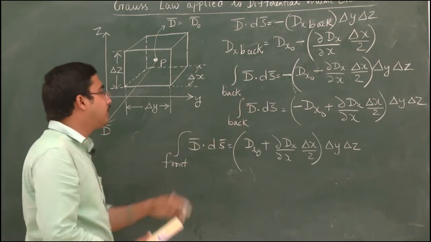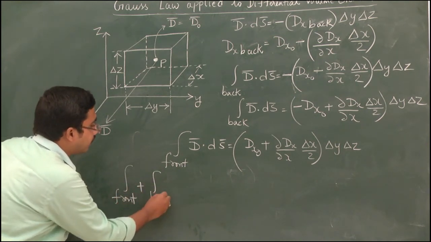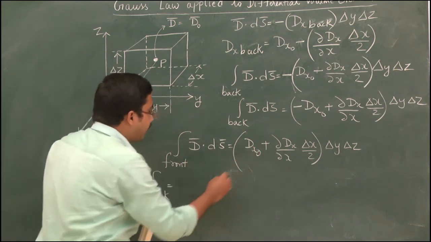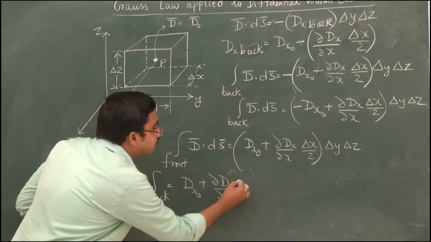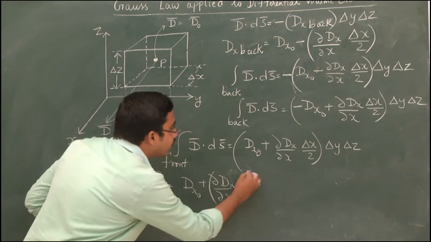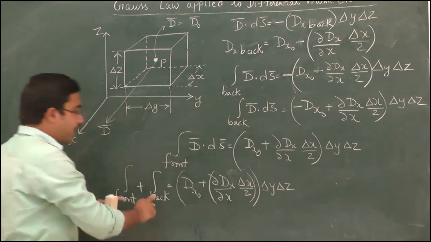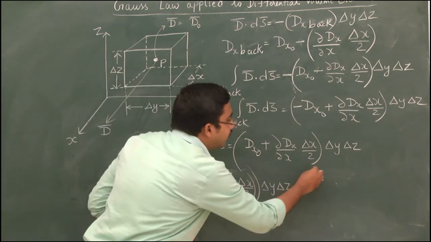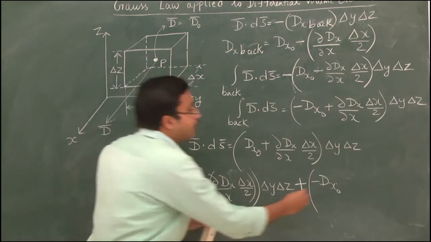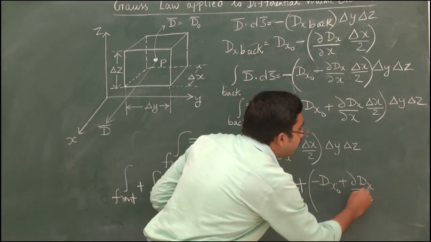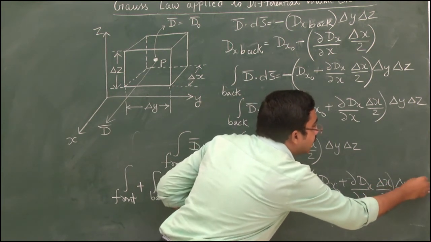Now if I add both of these, that means front integral plus back integral is equal to, what is the front integral value? (Dx0 + ∂Dx/∂x · Δx/2) into Δy Δz, plus the back integral value, which is minus (Dx0 + ∂Dx/∂x · Δx/2) into Δy Δz.